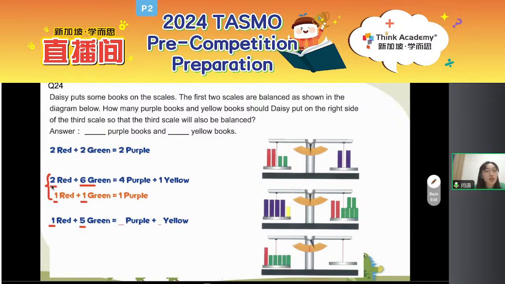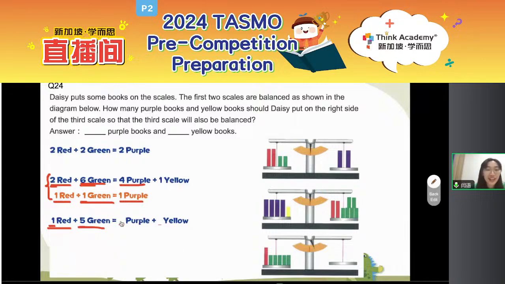Here, 2 red minus 1 red, and then you will get 1 red, okay? And also here, 6 green minus 1 green, so you will get 5 green. Now you see that for the left part, if you just subtract, then what about the right part? At the same time, you can just subtract. Here is a K2 question for you. What is 4 purple minus 1 purple? What is 4 minus 1?